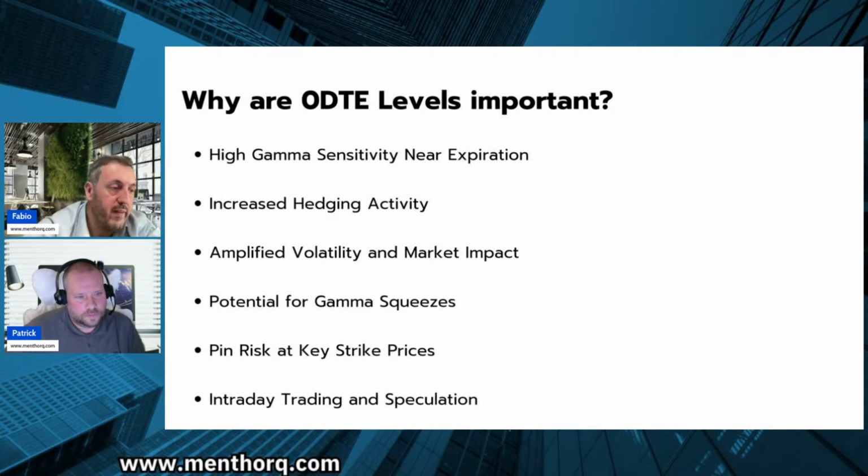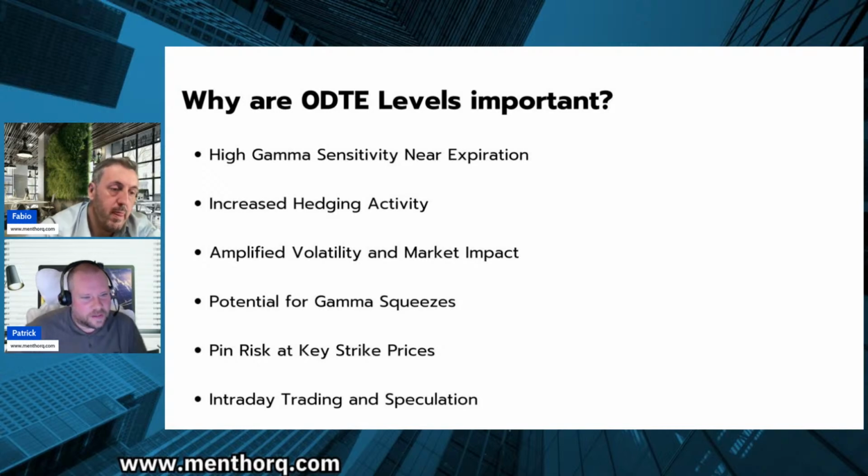I think we covered it in the session yesterday and the day before, so please go back to the videos, because we try to explain how the zero DTE levels work there. The concept is really the same: there's less time to expiration, so the delta is more sensitive to any price movement. Any movement of the spot price throughout the day can cause the delta to change very fast.